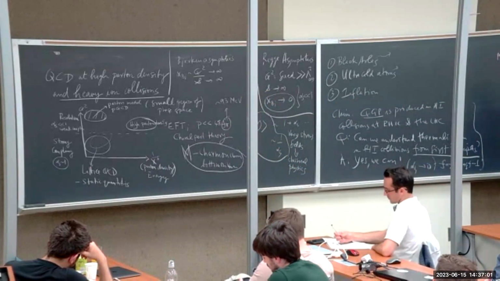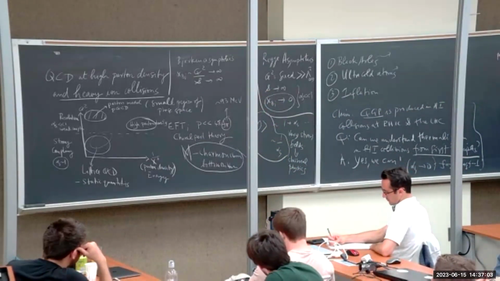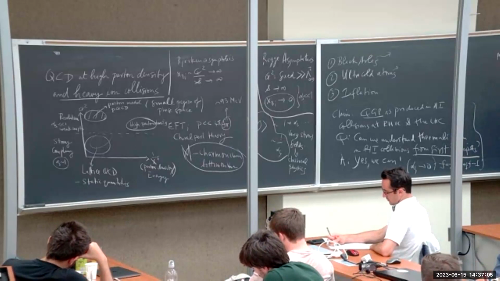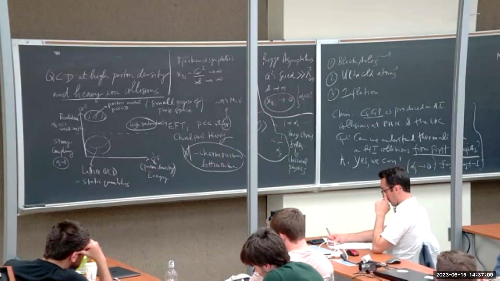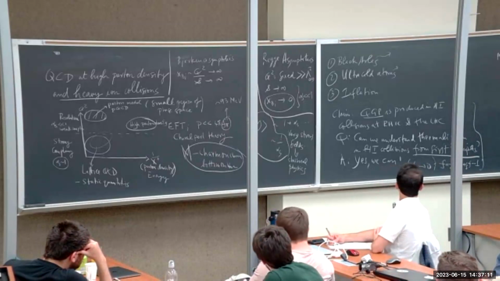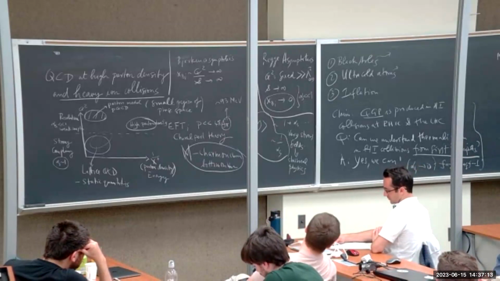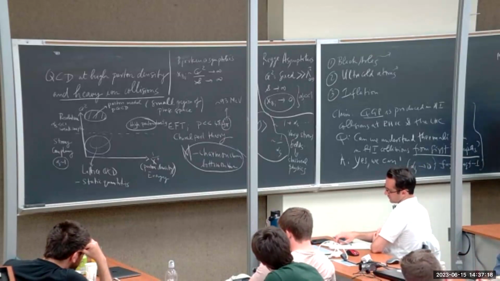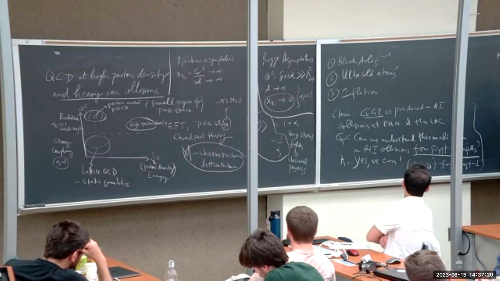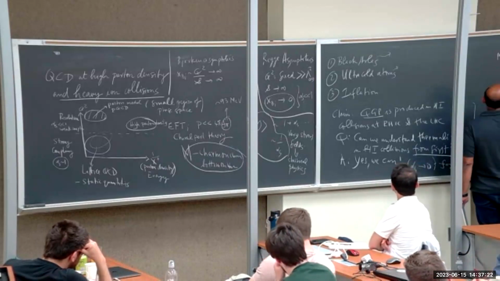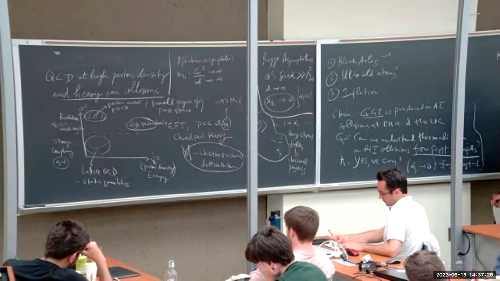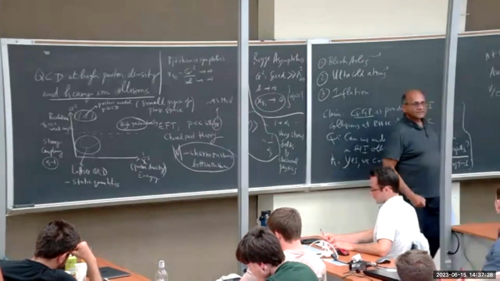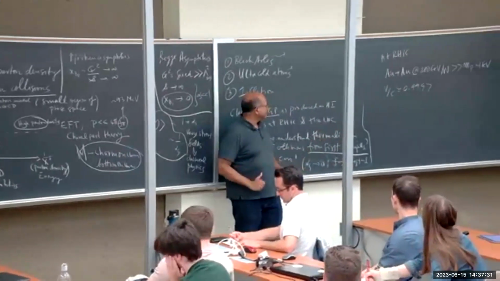What do I mean by high? This is much larger than the mass of the proton. So these nuclei, which are each moving with 100 GeV per nucleon, are highly ultra-relativistic. They are Lorentz contracted pancakes moving at velocities on the order of 0.9997 of the speed of light. So this is extreme relativity.